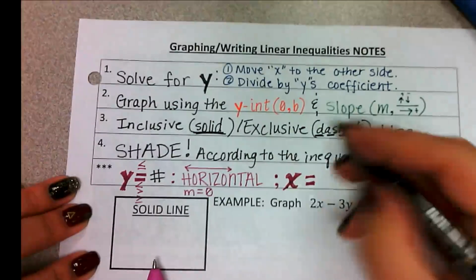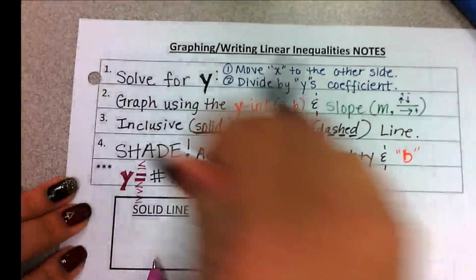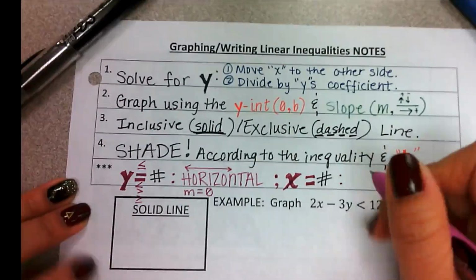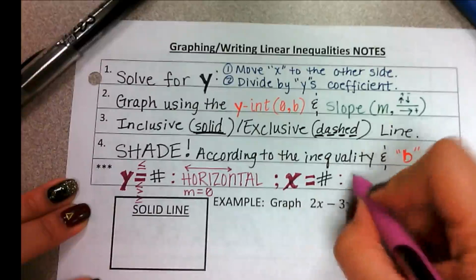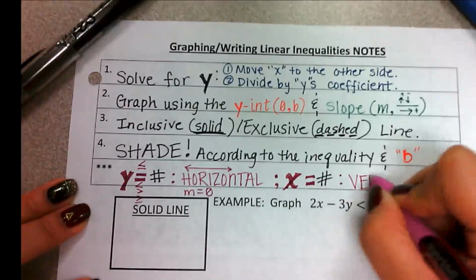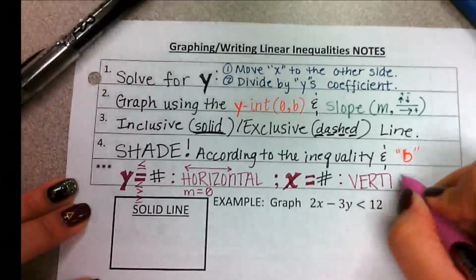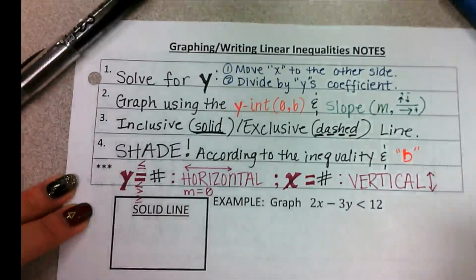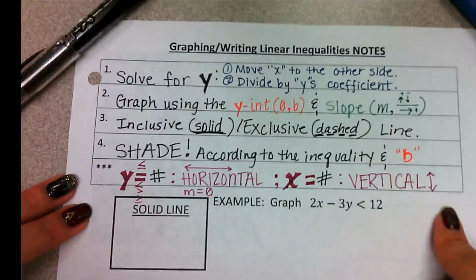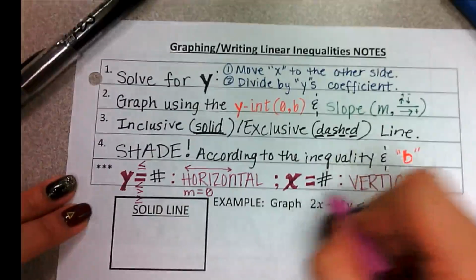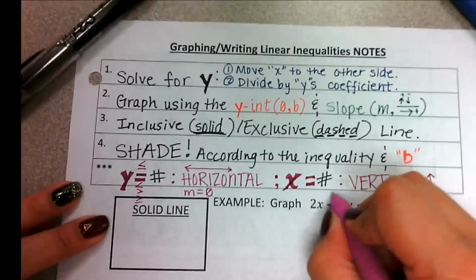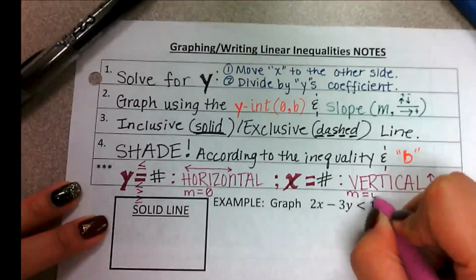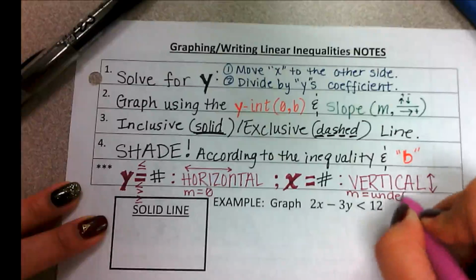So if you have x equals some number, some constant, the opposite would be vertical. Remember, that means up and down. So whenever you have a vertical line, we would say that our m, our slope, is undefined.